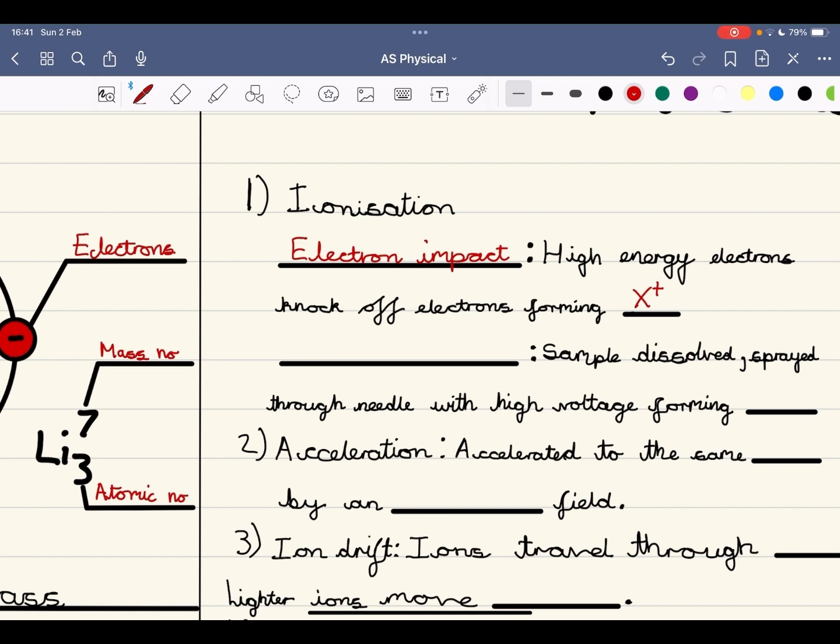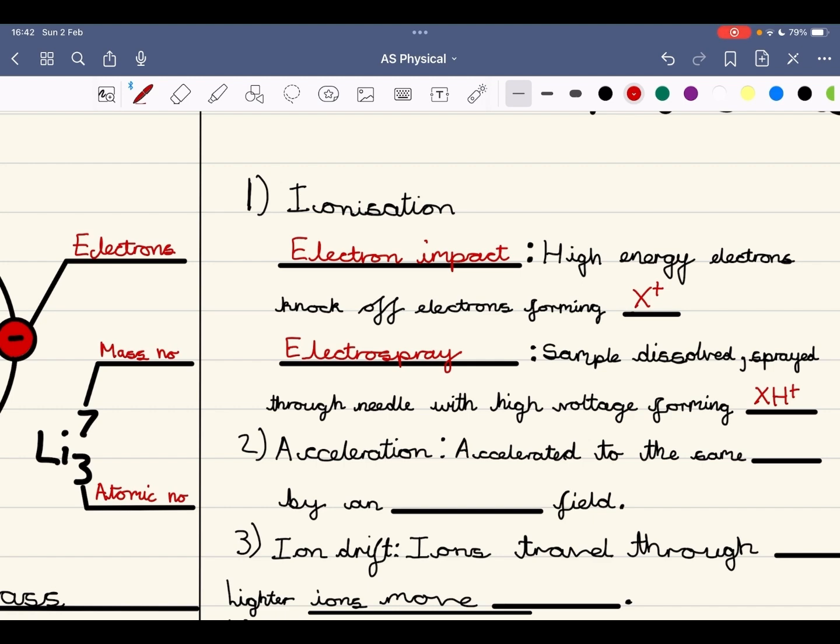And then the next type is electrospray, and this forms XH+ ions. So this is when a sample is dissolved and sprayed through a needle with high voltage, forming XH+ ions.